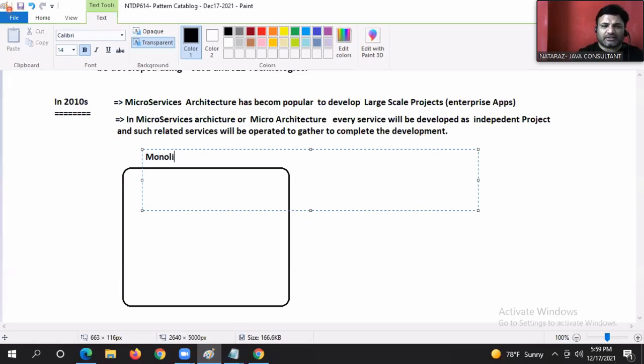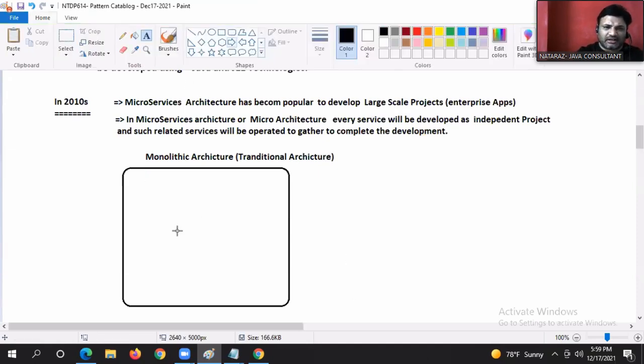Now listen. Monolithic architecture, the regular, traditional architecture. Tell me what will be there.